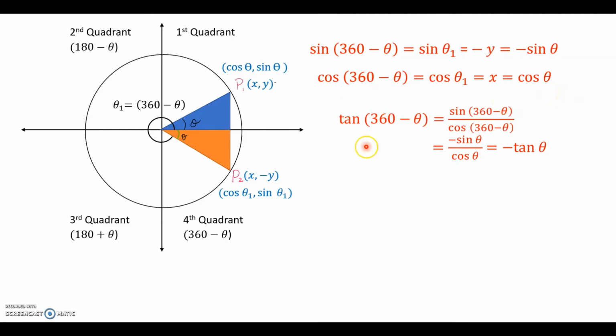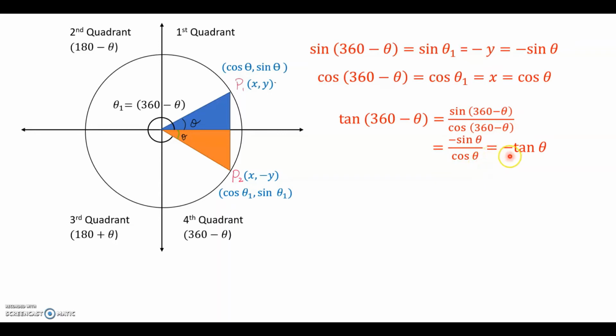And lastly, tan of 360 minus theta will be equal to sine of 360 minus theta divided by cos of 360 minus theta. We know from the first equation that sine of 360 minus theta is equal to minus sine theta, so we replace this with minus sine theta. And our cos of 360 minus theta is equal to cos theta, so we replace this value with cos theta.